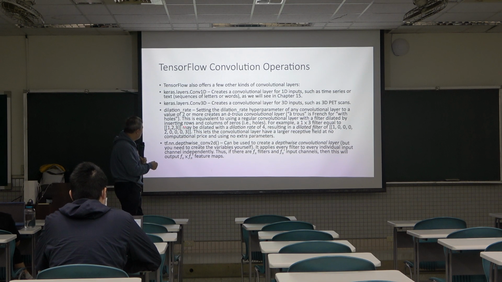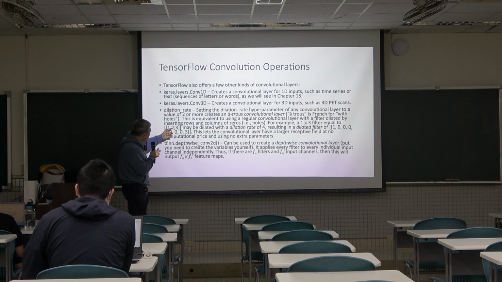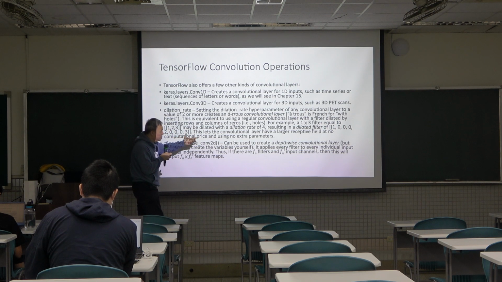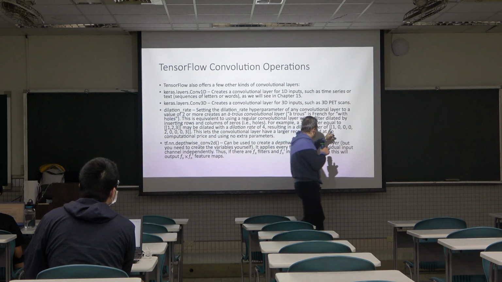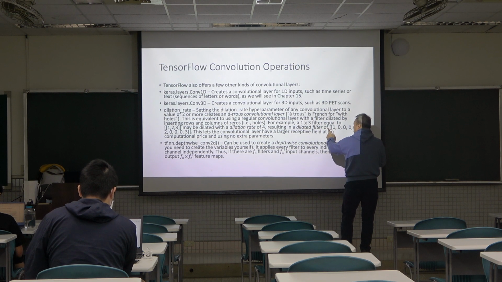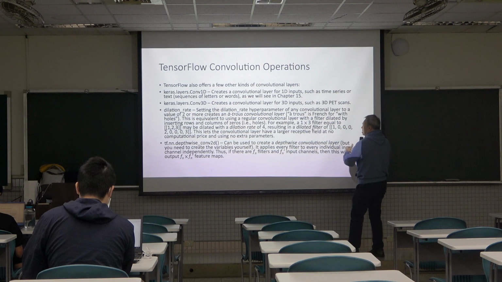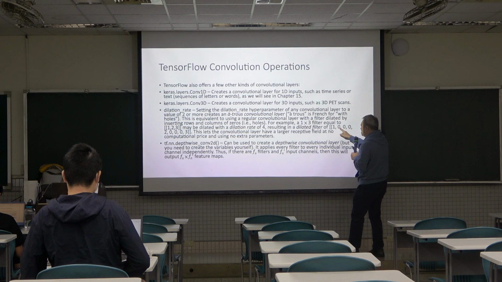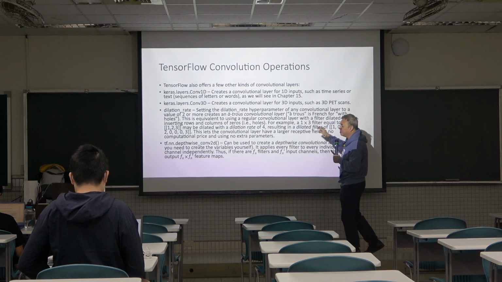If your filter is 1, 2, 3, after you apply a dilation rate of 4, it is going to insert holes between the elements and make your filter longer. You can see each member in the filter is spread apart, and in between it is filled by some zeros.